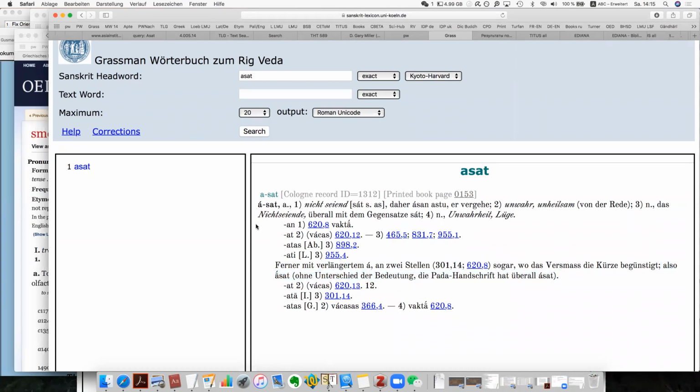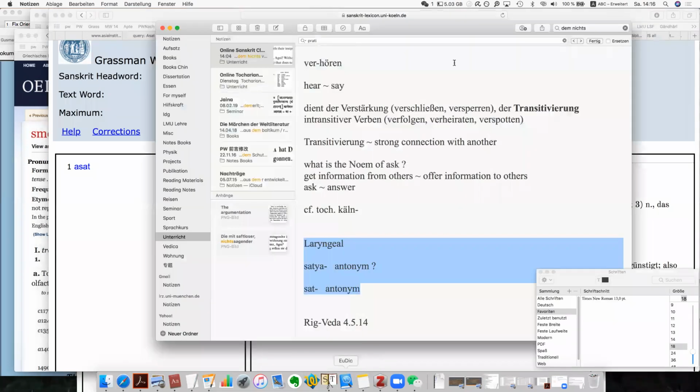It means that in the Rigveda, we have a lot of occurrences of asat with a short a, but we have also in these verses asát with a long a, and the meaning is not different, ohne Unterschied der Bedeutung, without difference of meaning. But the Pada manuscript only has asat.